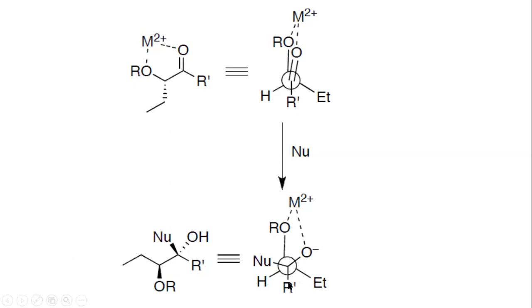Now we should rotate so as to make this R and ethyl anti to each other. When you rotate, this nucleophile will take the position of this oxygen atom. This O will take the position of this R. You just simply rotate 120 degrees, then this R will move here.